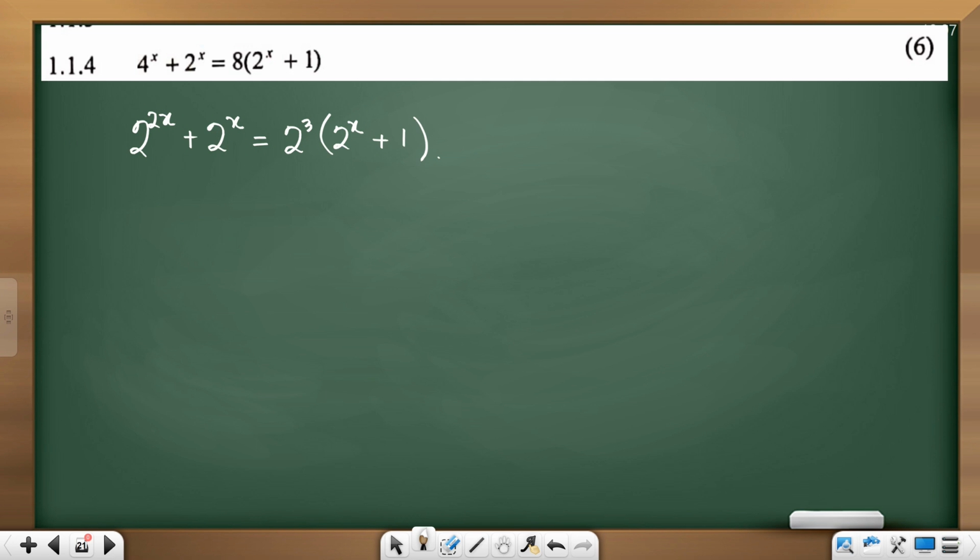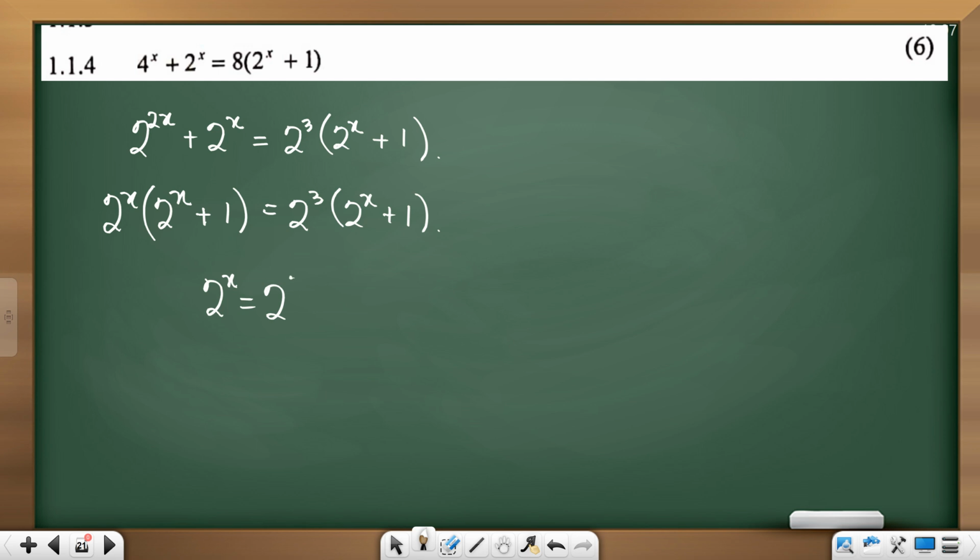And then from there, I factorized on the left-hand side, so I said 2 to the power of x bracket 2 to the power of x plus 1 is equal to 2 to the power of 2 bracket 2 to the power of x plus 1. And then I divided both sides by 2 to the power of x plus 1. And then from there, I will put 2 to the power of 3.